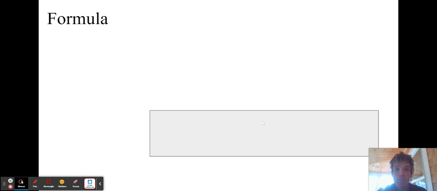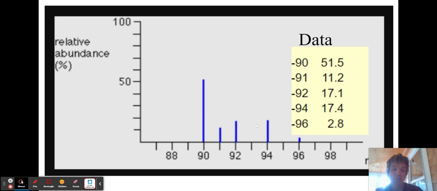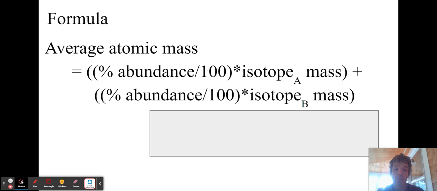Well, the first thing you need to consider is, what's my formula? What it's going to need to do is weigh each one of these bars a little bit differently. It's basically a weighted average, so it's going to weigh this one the most in the overall average. And the way to do that is by multiplying the individual mass by the percent.